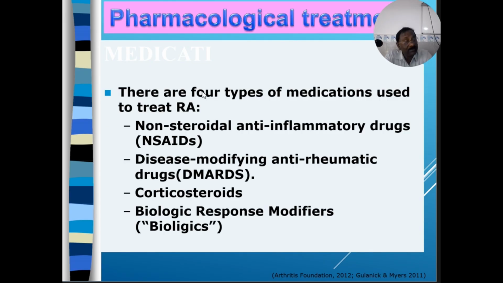Steroids are excellent drugs, but not for the long term. So how to use the steroids as a bridge therapy for the initial 6 weeks or 8 weeks. And of course, the game changer here is the biologicals. Even though the movie Game Changer was a big flop, these game changer biologics are a very great hit in rheumatoid arthritis.